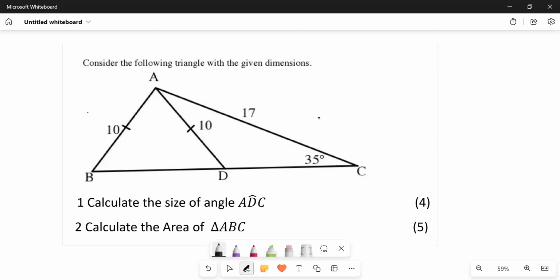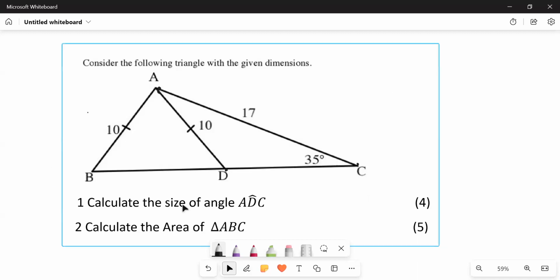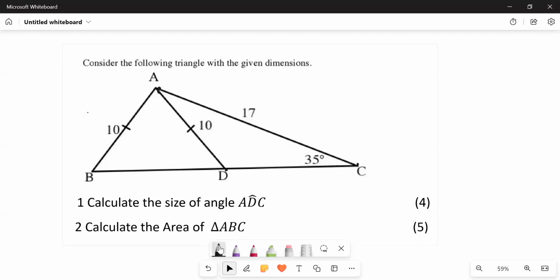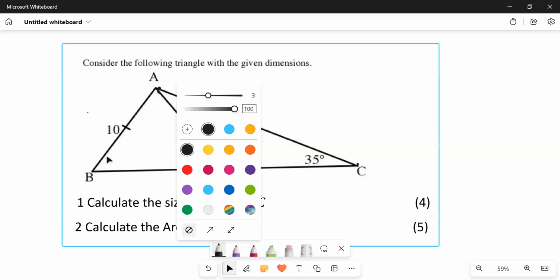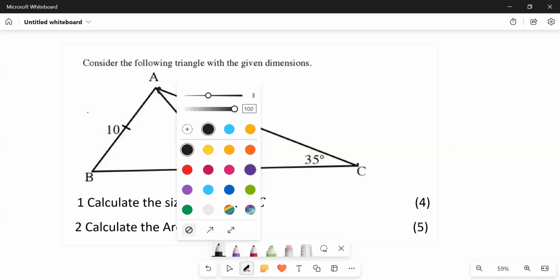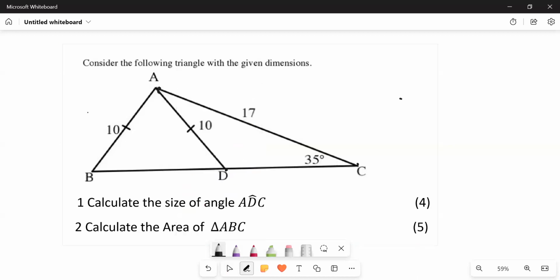Triangle ABC. Okay, sure. You have triangle ABC, ne?